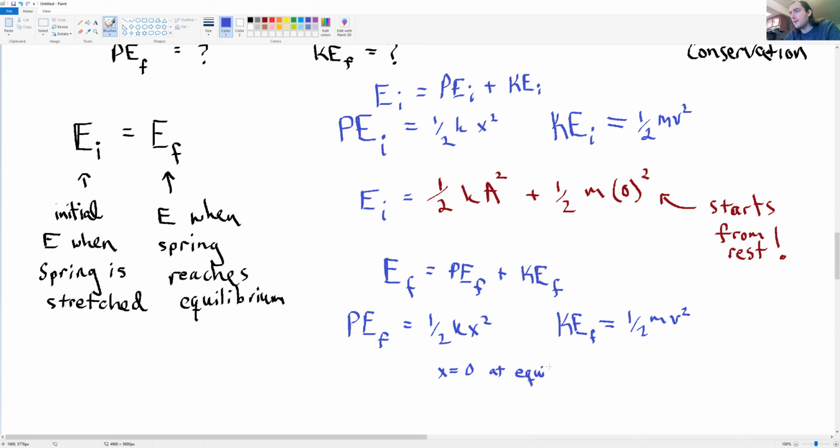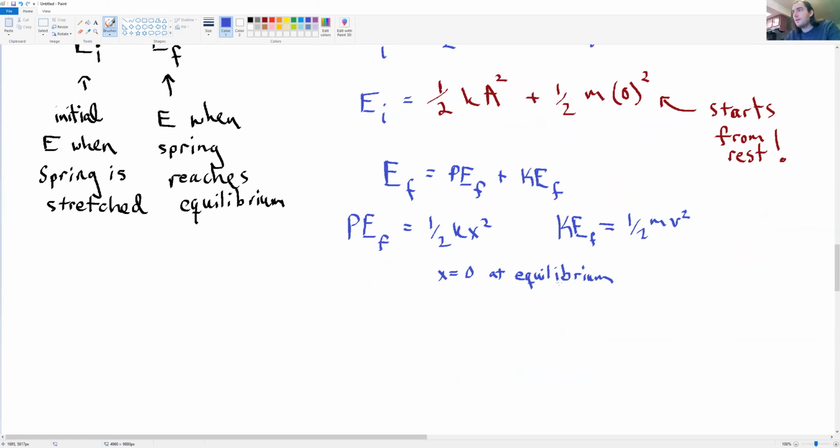not the velocity. The velocity is not 0 at equilibrium because this spring we stretched it out, and when we let go it's going to zoom past equilibrium and actually compress the spring, and then it's going to compress the spring until it can't anymore, and then it's going to be pushed out by the spring. It's going to zoom past equilibrium again. It's going to oscillate back and forth.